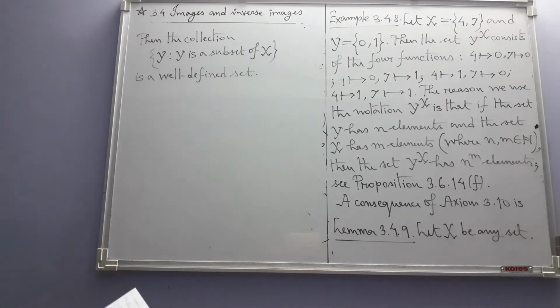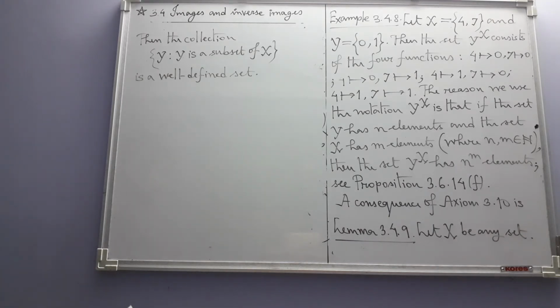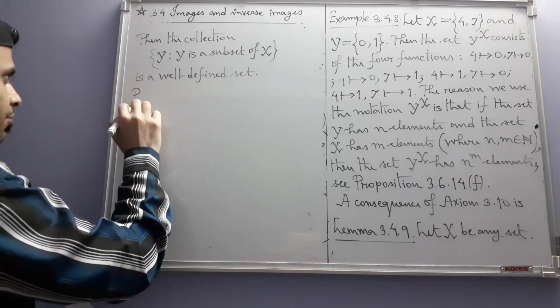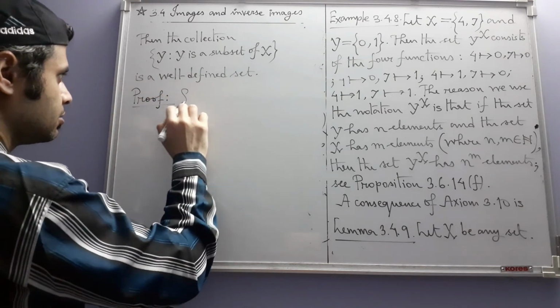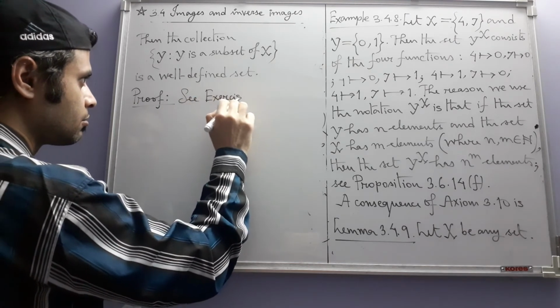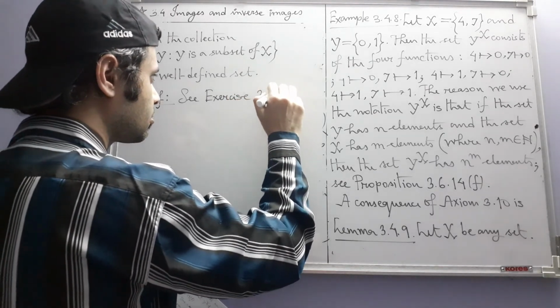However, the proof we will not do now. The proof actually is an exercise, so we will do it when we solve the exercises at the end of this section. So in place of proof, right now we are writing: see exercise 6.